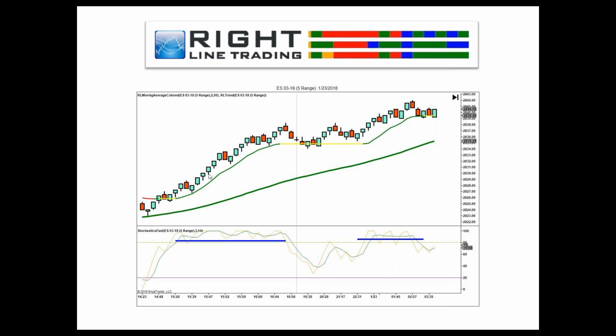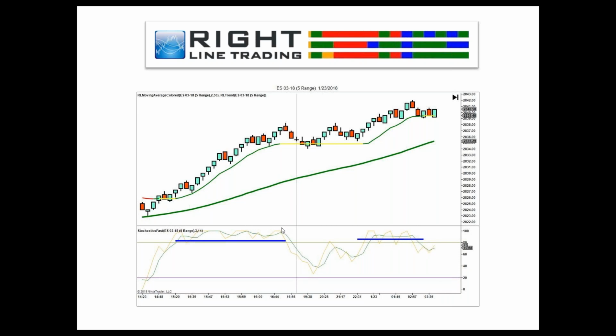Now, we've agreed to certain conventions, and that is when the market is overbought, the bulls are in control, and the oscillator is always going to stay green in an overbought market and will always stay red in an oversold market.